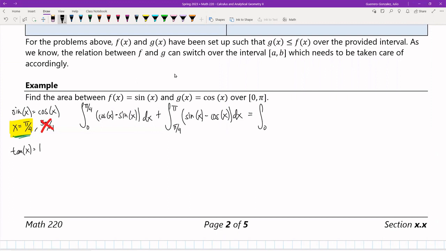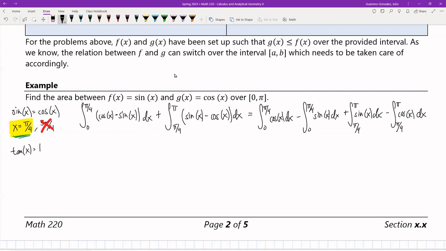So it's going to be the integral from 0 to pi over 4 of cosine of x dx minus the integral from 0 to pi over 4 of sine of x dx plus the integral from pi over 4 to pi of sine of x dx minus the integral from pi over 4 to pi of cosine of x dx. So all I did was basically split them up, and I can do that because they're integrals.